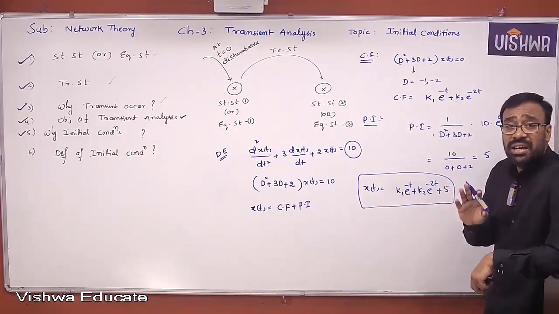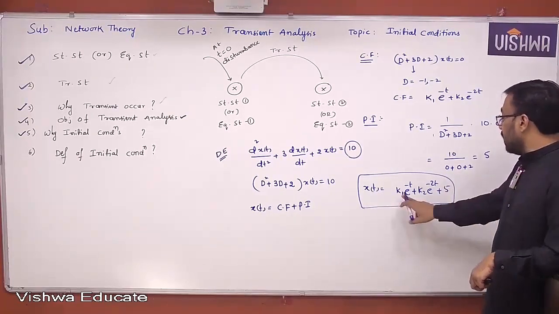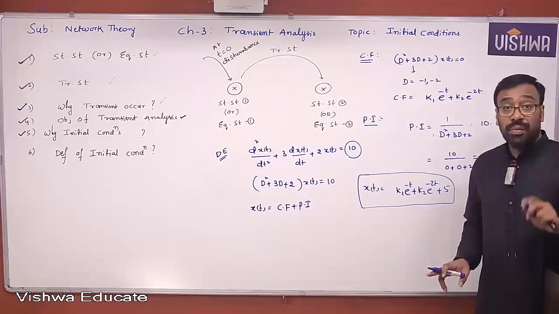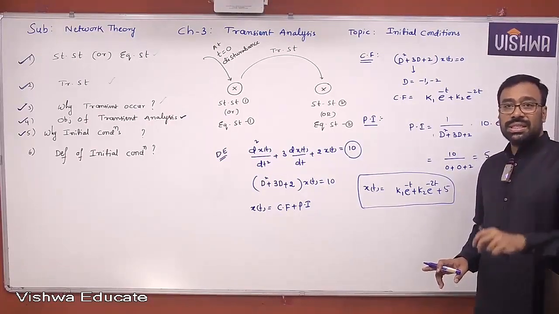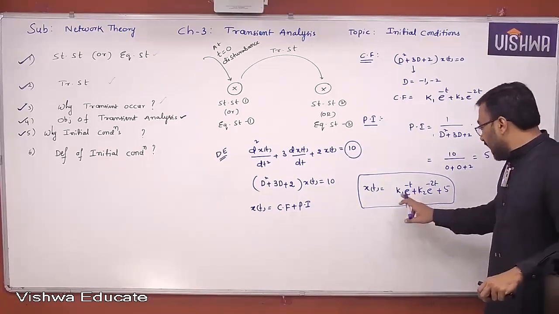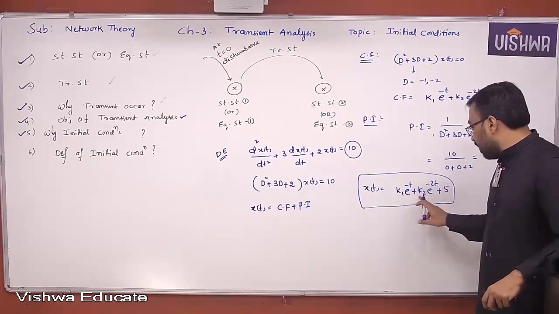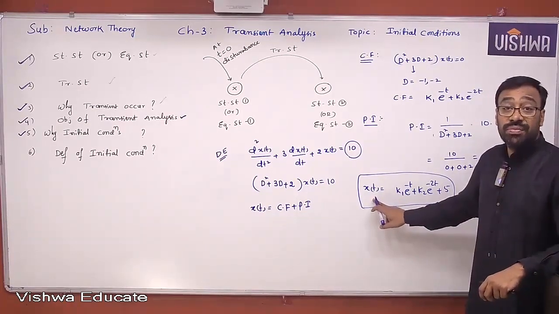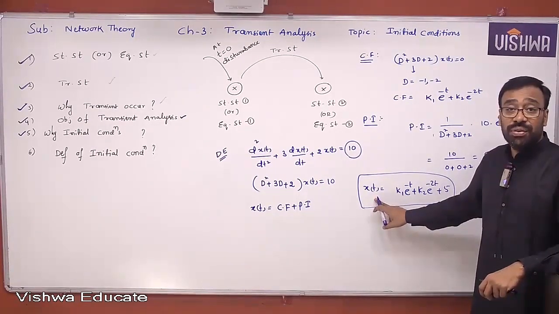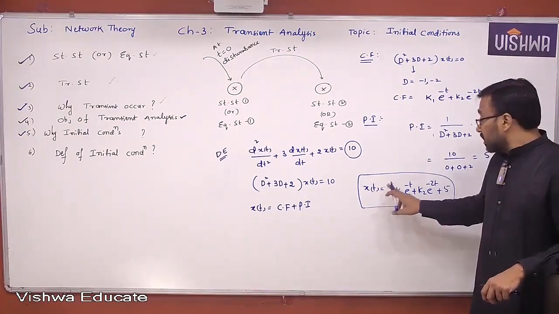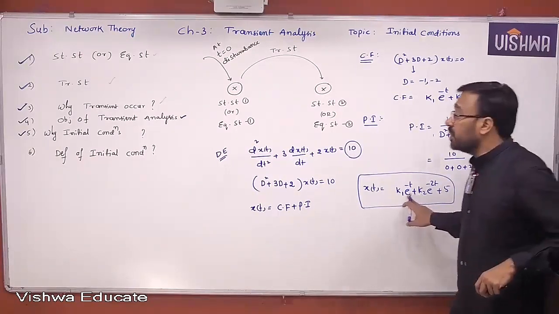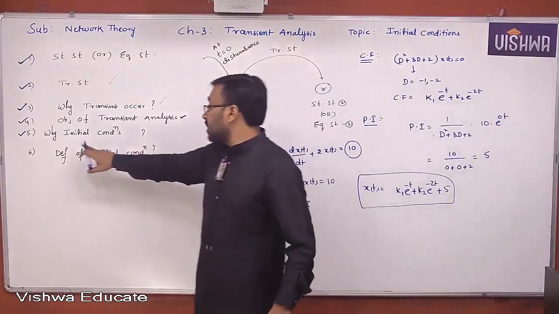But it is still incomplete because k1, k2 are arbitrary constants. Without knowing the values of k1, k2, definitely this is an incomplete solution. But we want a complete solution. Yes or no, all of you? Therefore, these arbitrary constants k1, k2 can be determined using initial conditions.